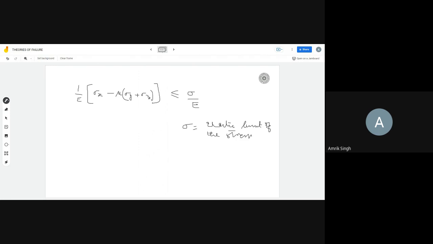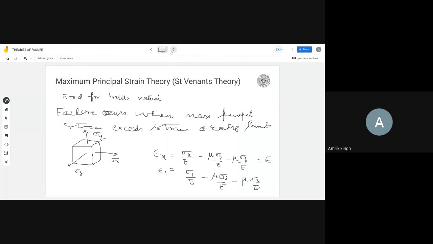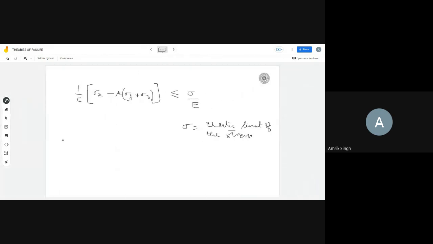So this theory, as I told, is for the brittle material. It overestimates the results for the ductile material. So, the maximum principal strain theory.